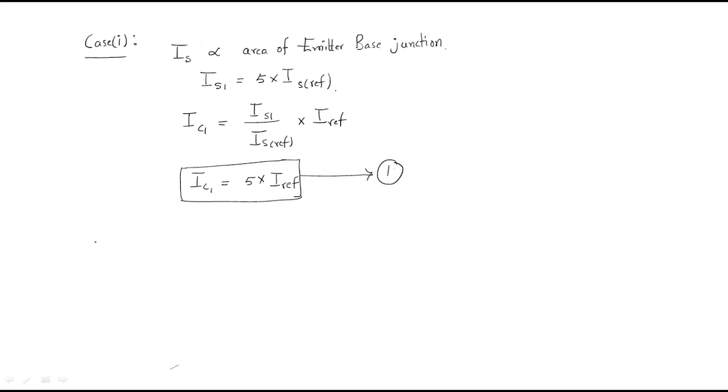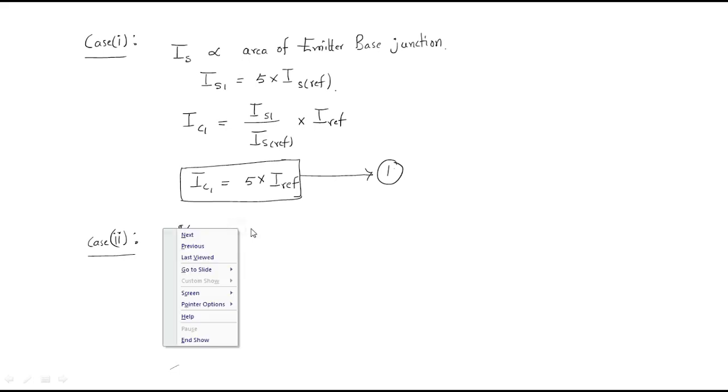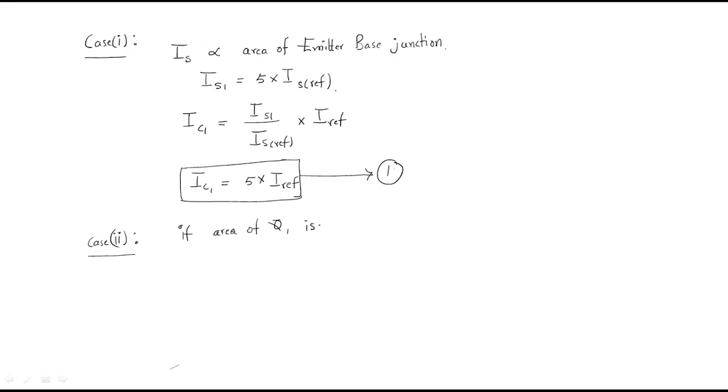We will discuss the same for case 2. If the area of Q1 is one fifth of the reference transistor, then the first transistor current equals one fifth of the reference transistor current.